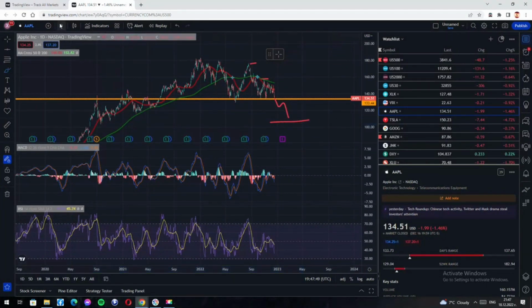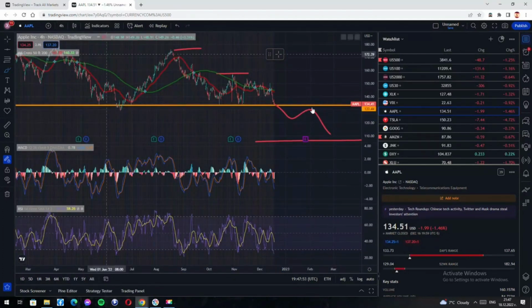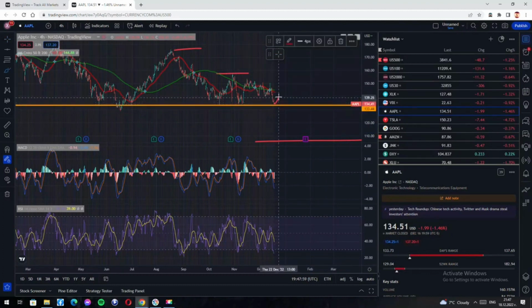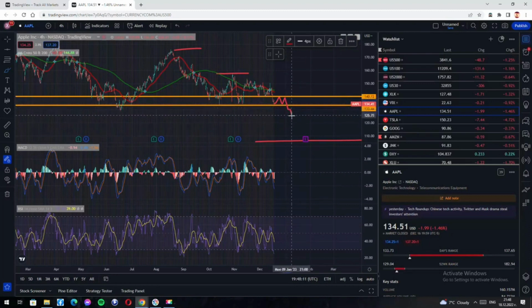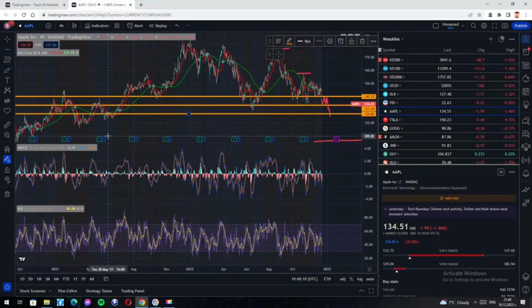at 100. But before we make drastic predictions, I believe what is going to occur next week with Apple, if you want to trade Apple, is that first we'll get a dead cat bounce to around this level, then we're getting rejected, retest the level again, and then we'll move lower and lower, and I believe that we'll end this week around this level.